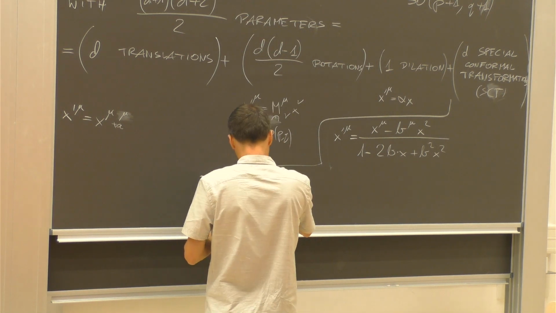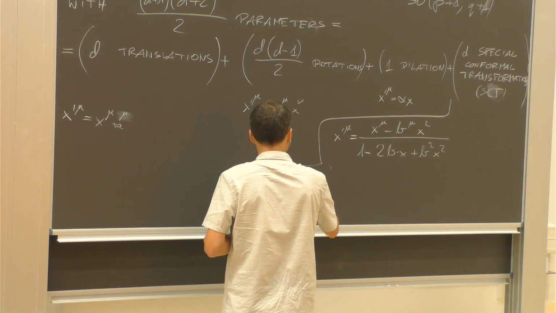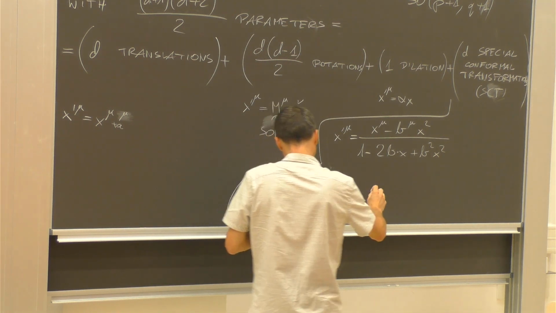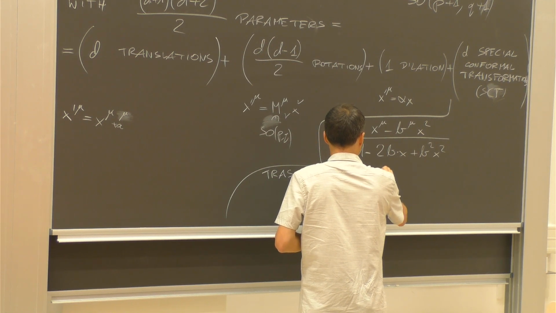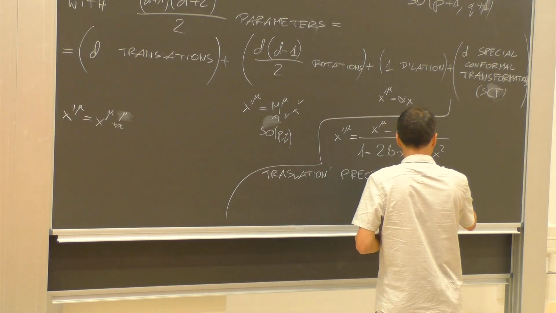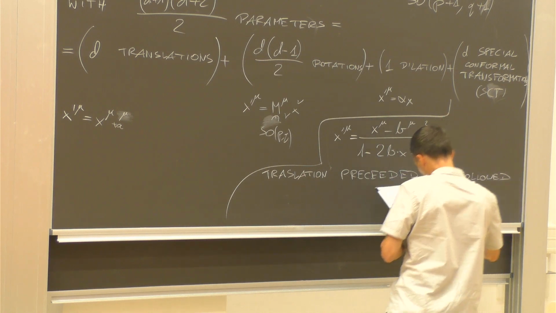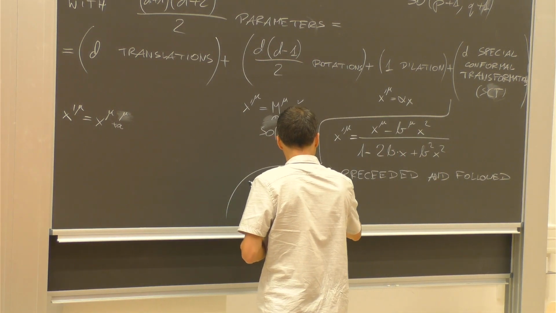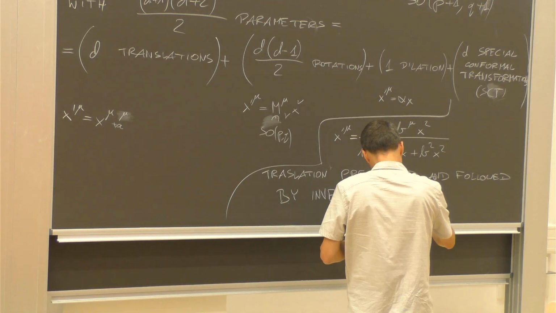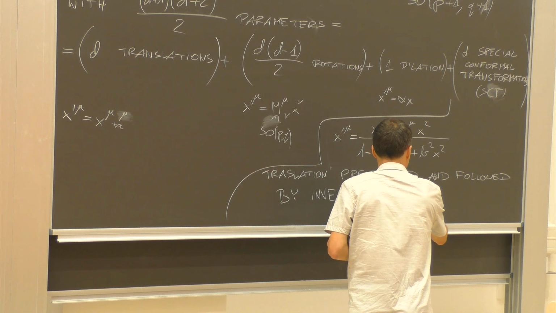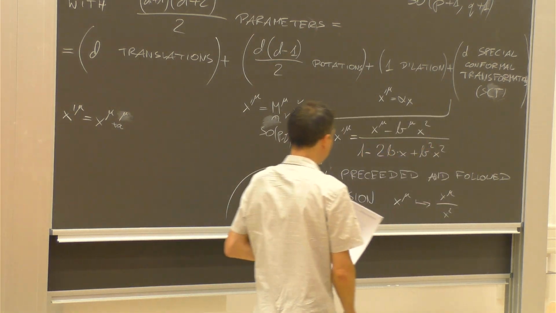So this is also an exercise you can make for yourself. Where by inversion I mean the operation which sends x^mu to x^mu over x squared.